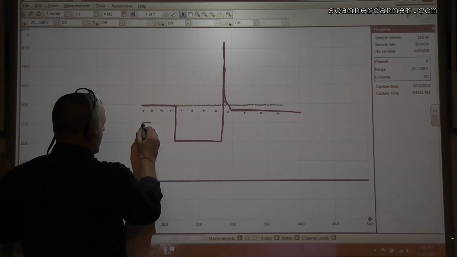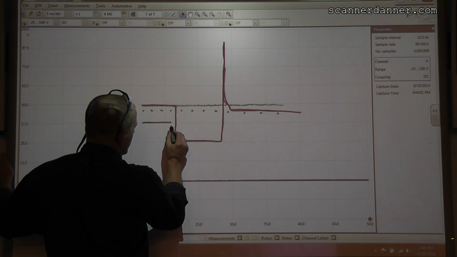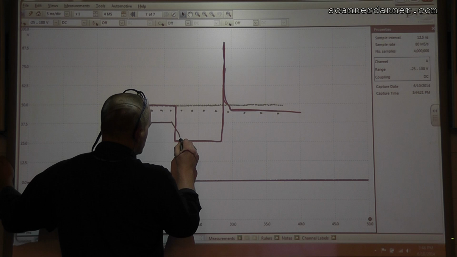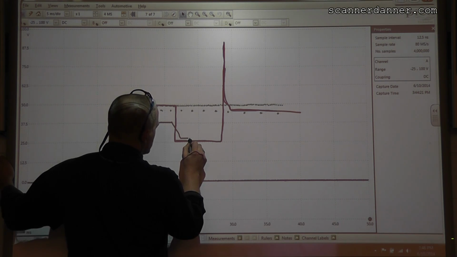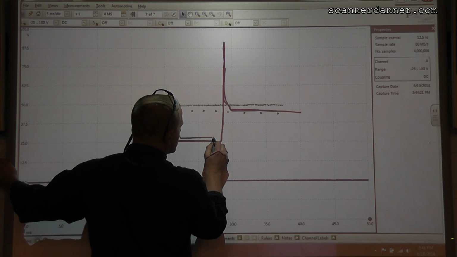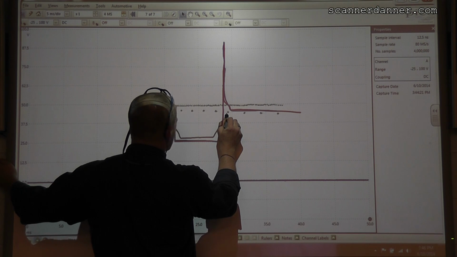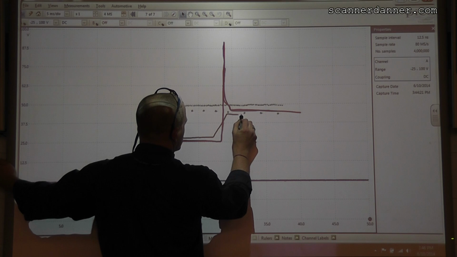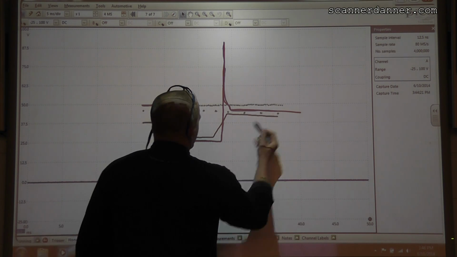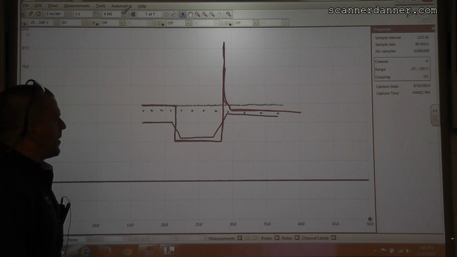Sample it here, connect the dots. That's what we're going to do. What happens at this point? I think I drew that right.